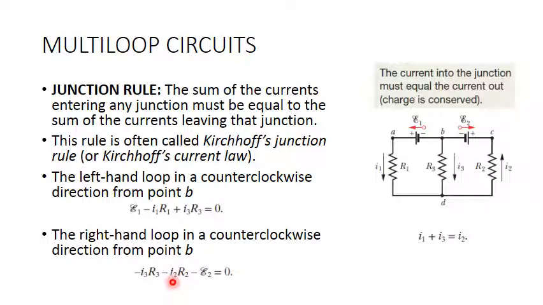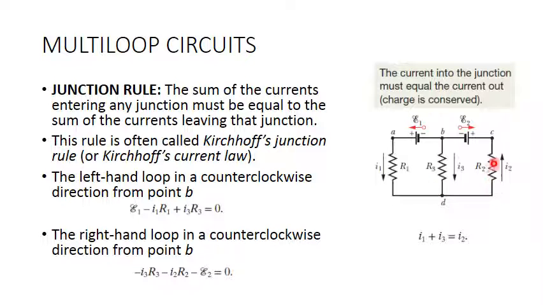Now we have three unknowns, I1, I2, and I3, and we have only two equations. So we cannot solve three unknowns by using only two equations. So we need another equation. The other equation is obtained by Kirchhoff current law.